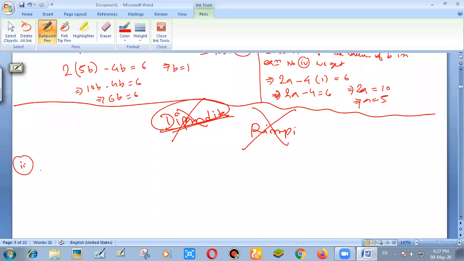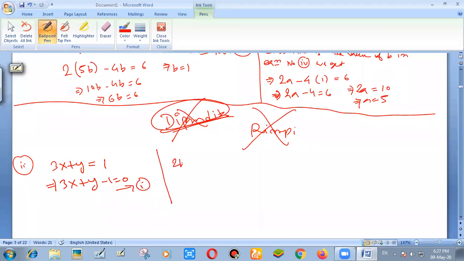Now see the question number 2. For which value of k will the following pair of linear equations have no solution? Solve it. 3x plus y equal to 1. So rearrange the equation: 3x plus y minus 1 equal to 0, and give it equation number 1.